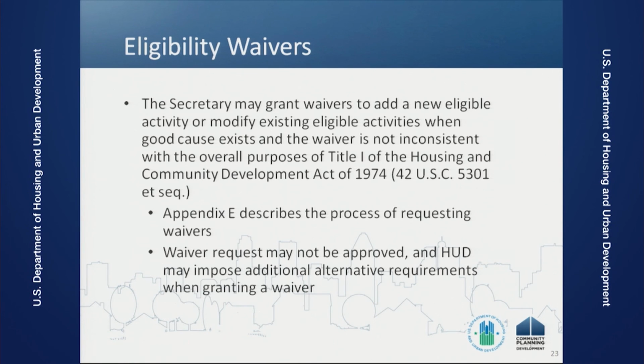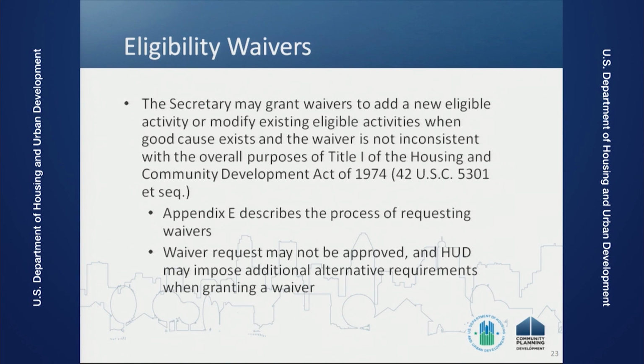While the notice and appendices and the statutes and regulations that we've discussed up until this point describe eligible and ineligible activities, applicants can apply for eligibility waivers through the National Disaster Resilience Competition. These waivers would provide additional flexibility to the NDRC and are in place to allow full and swift, resilient disaster recovery.